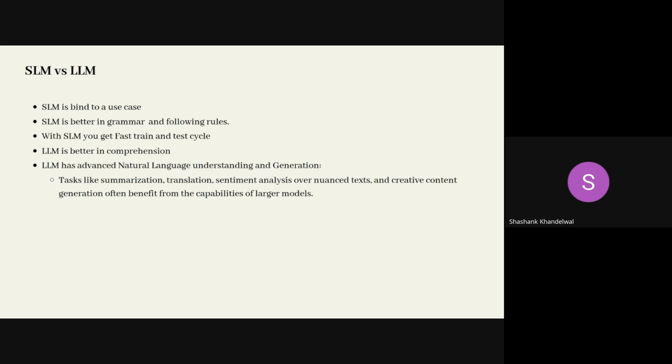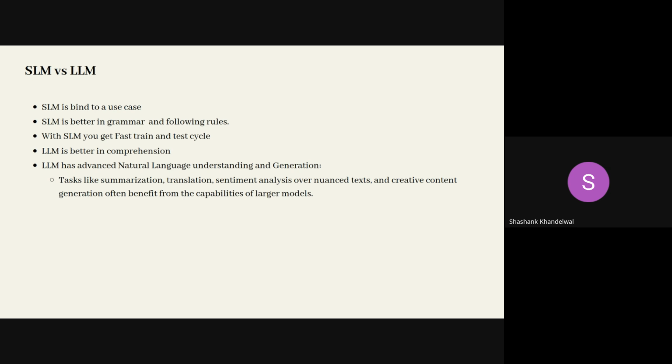One thing is clear: SLM is better in grammar and following rules, because with a limited data set, they've tried to fit in as much grammar and rules as they can. For example, what an LLM can learn from 10 encyclopedias, an SLM can learn from just one.